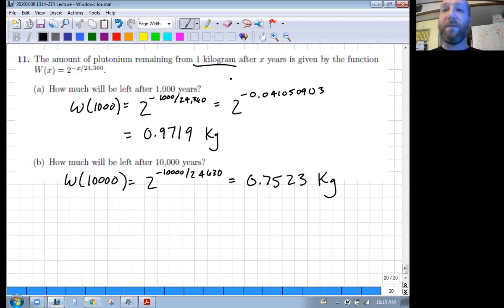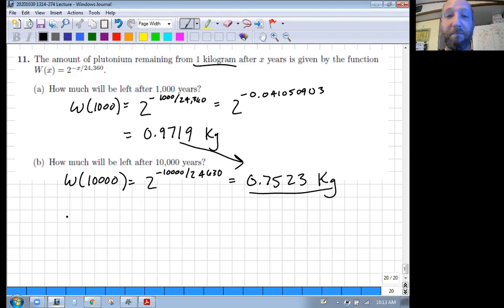So even though it's been 10 times as long, 10,000 years instead of 1,000 years, we've only dropped a little bit, like a little over 1/10 of a kilogram. So the longer it goes, you'll lose more, but not at the same rate. The rate at which it decays drops off quickly.